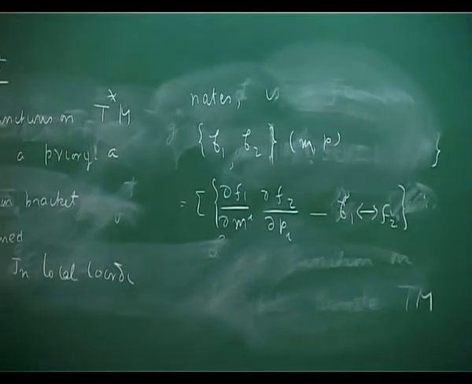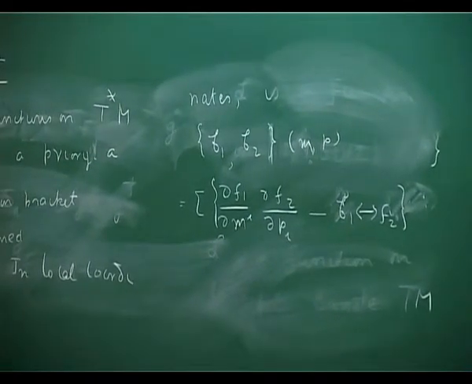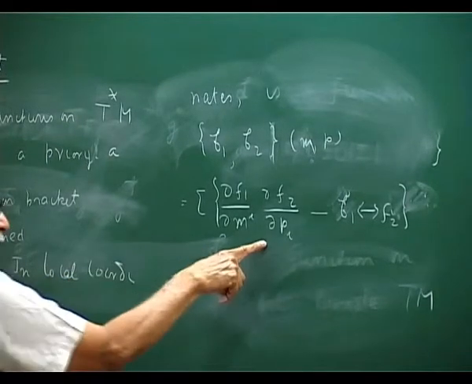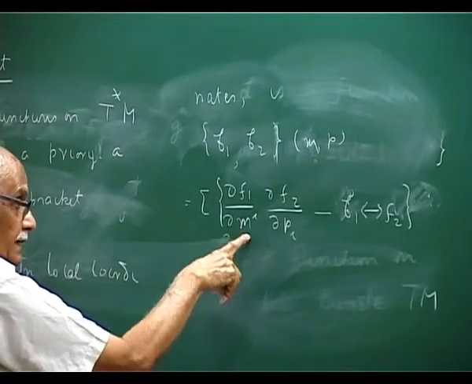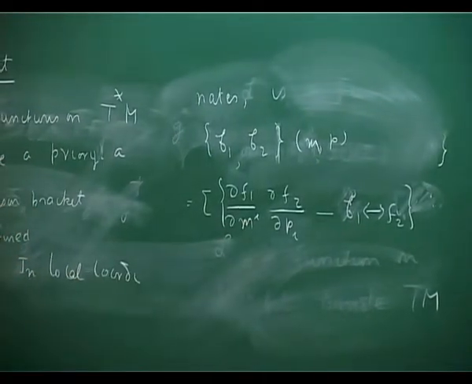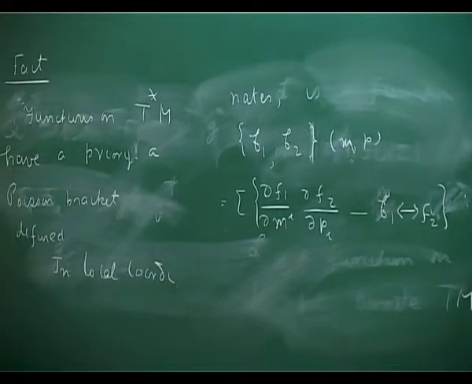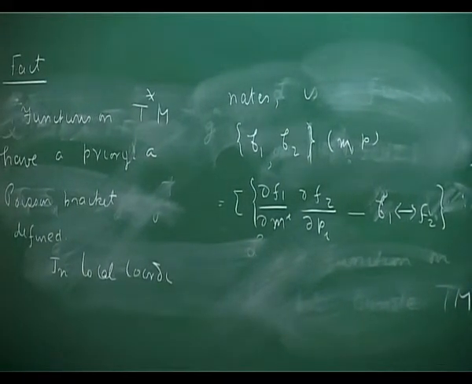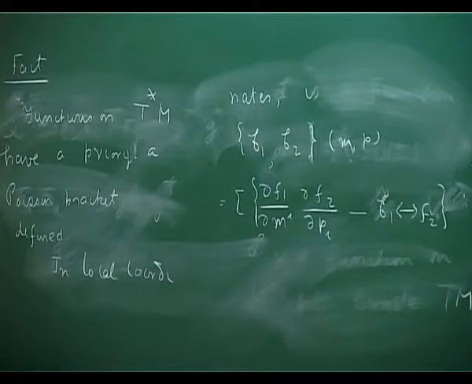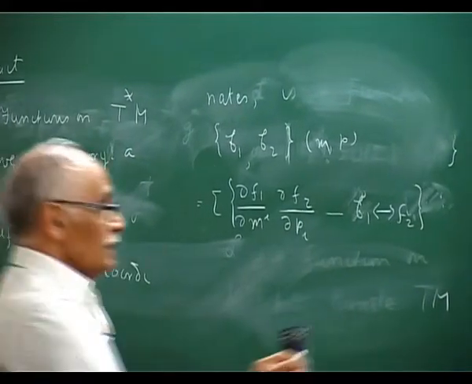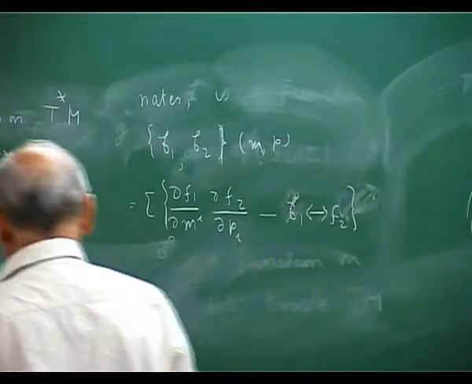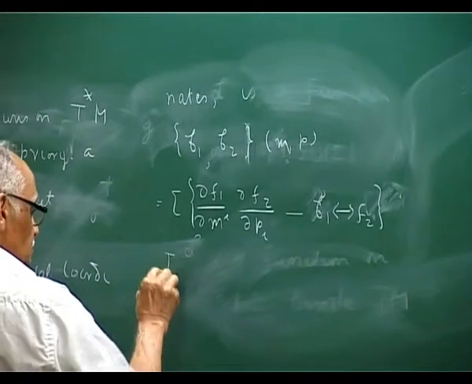I can write it globally. So this is the standard Poisson bracket. The statement I am making is that until now there is no Lagrangian or equation of motion or anything. These are all there. So it's a Poisson manifold.